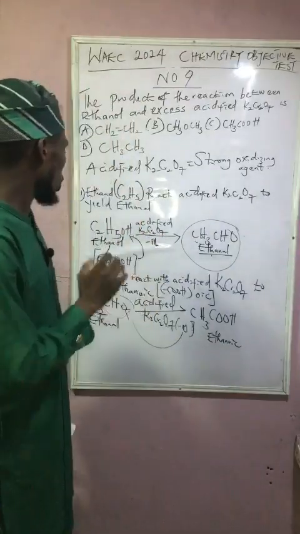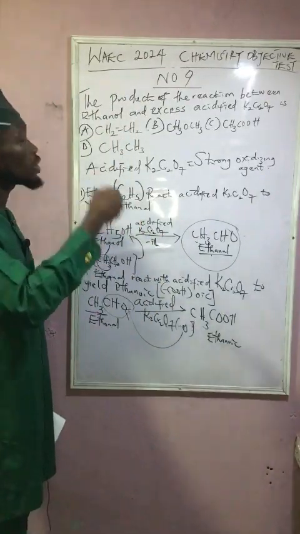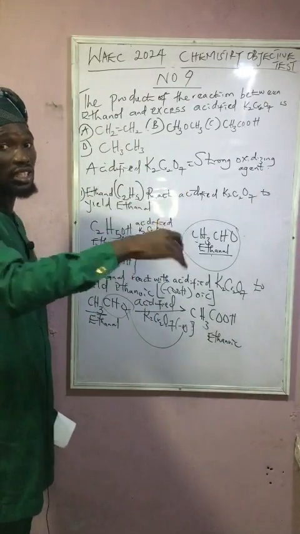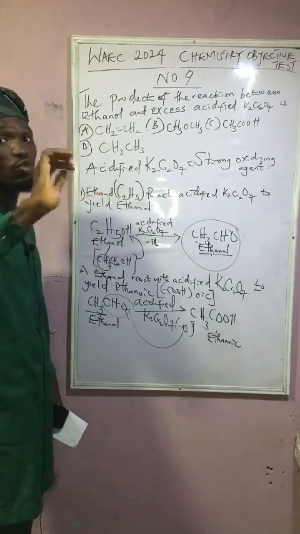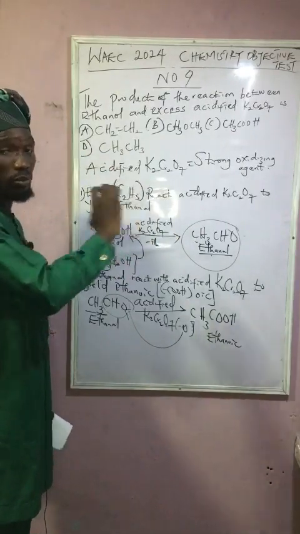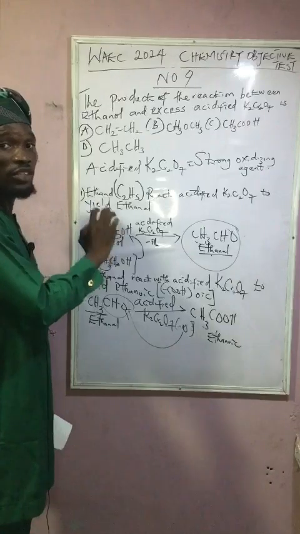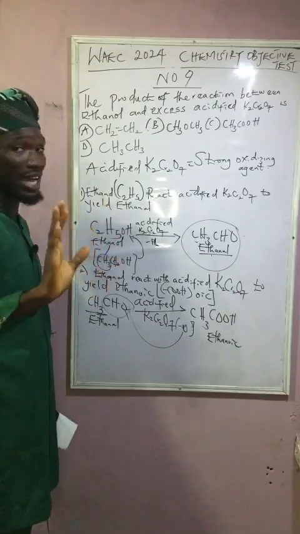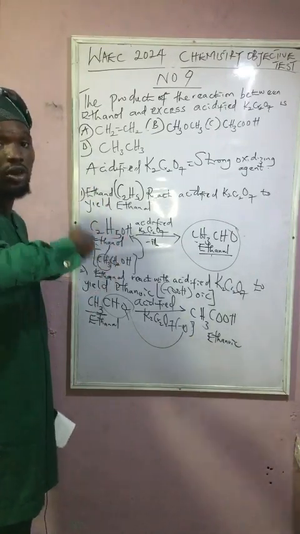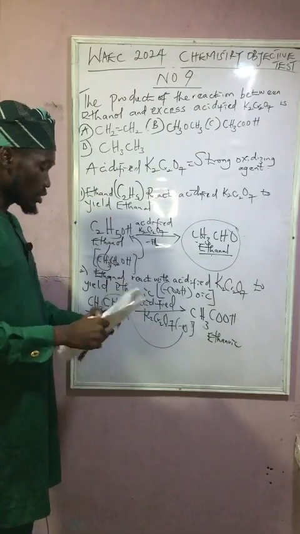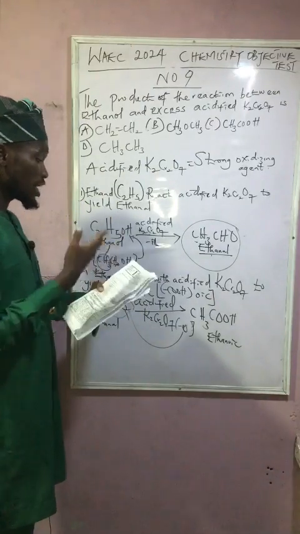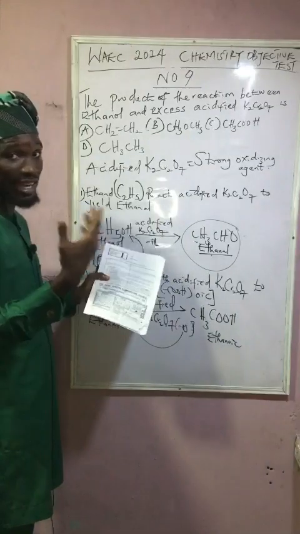So guys, looking at what you have on the board, for those students that have taken the WAEC examination already, and to those students out there who are preparing to write NECO, please don't wait to watch the video. It will serve as a guide for you. Is that clear now? So I'll be picking some other questions from this 2024 chemistry objective test. Is that clear now?